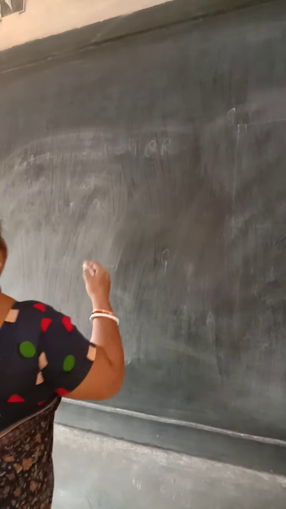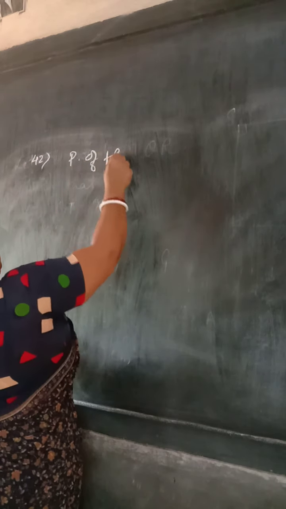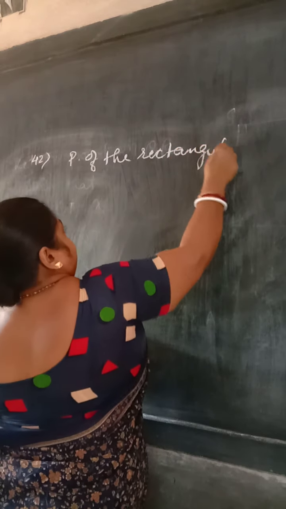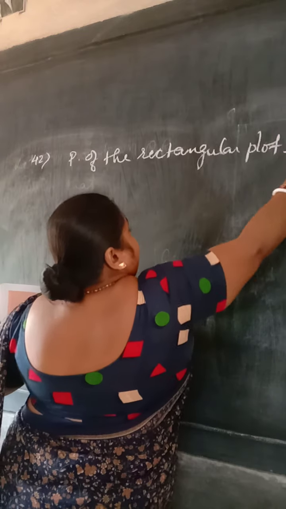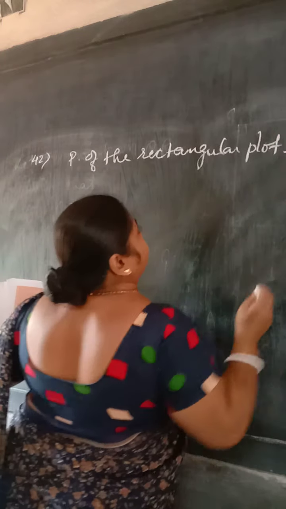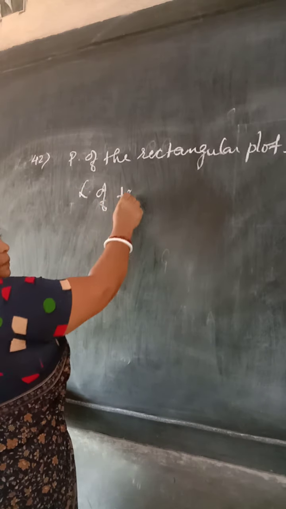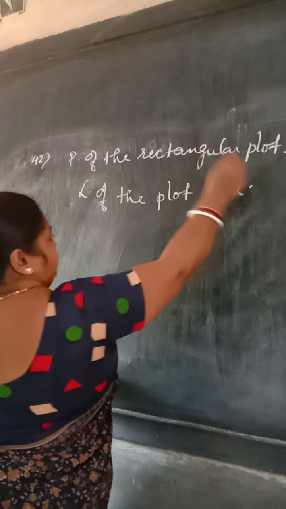Now, you can see the perimeter of the plot is given in question 42. Perimeter of the rectangular plot is 300 meters. Length of the plot is equal to x.